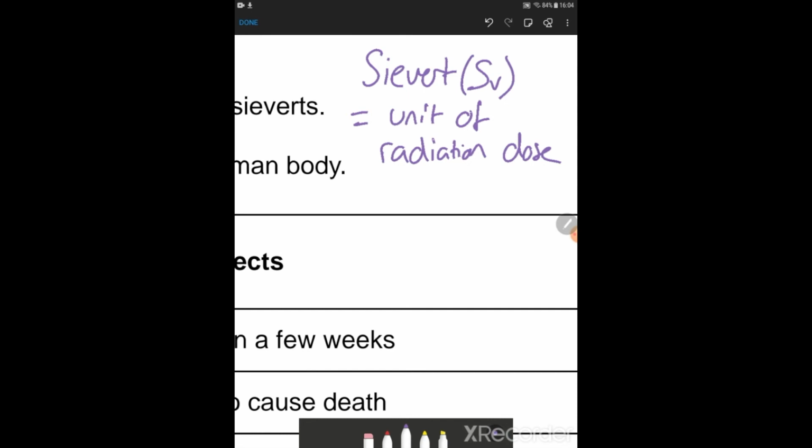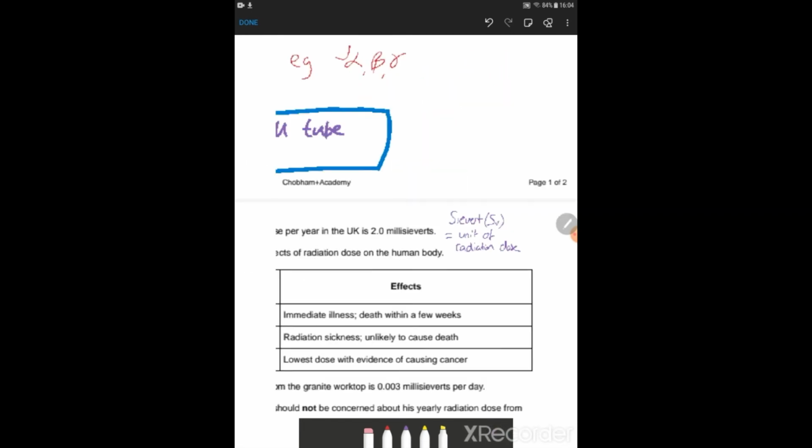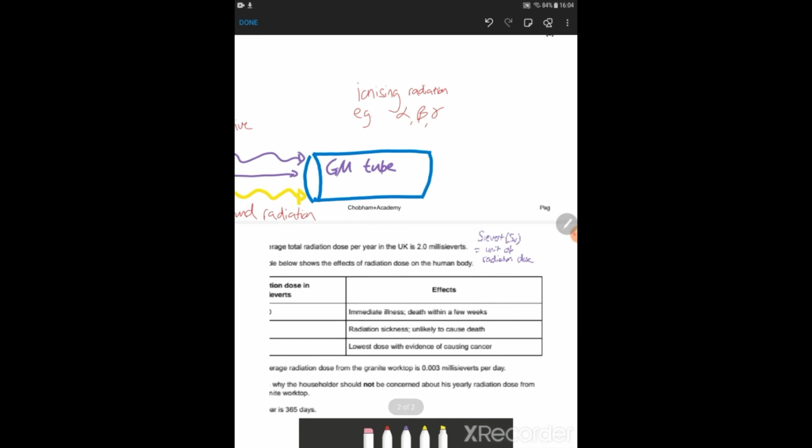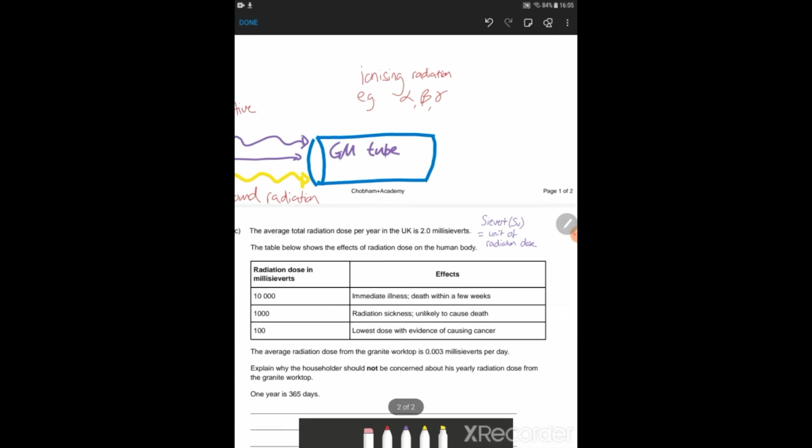Okay, so if we're looking at millisieverts like in the question, we know that 0.001 sievert will be a millisievert.